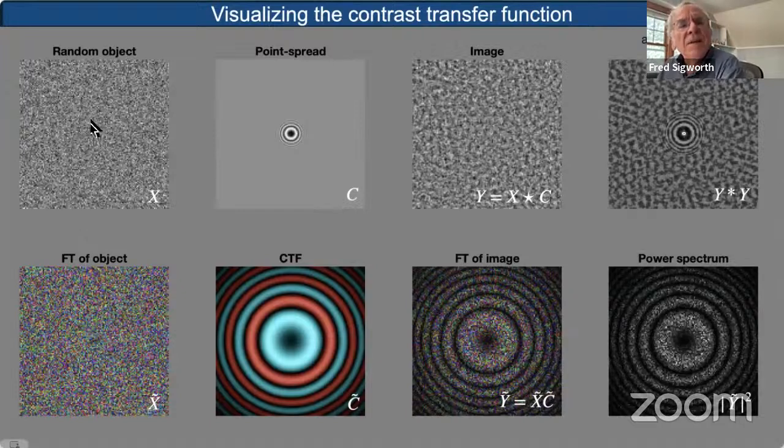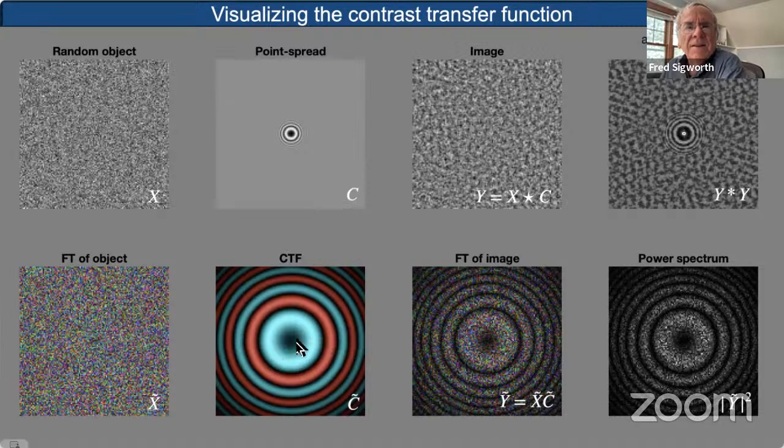Let's suppose that we had a random object and we want to operate on it with the contrast transfer function of an electron microscope in phase and defocus contrast. Well, here's a representation of the CTF in 2 dimensions.